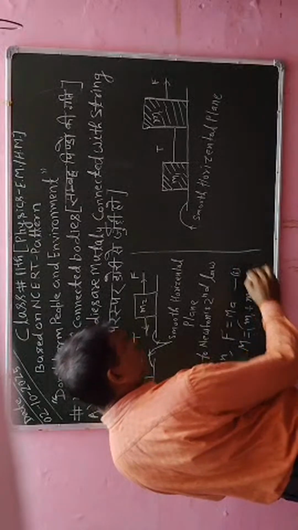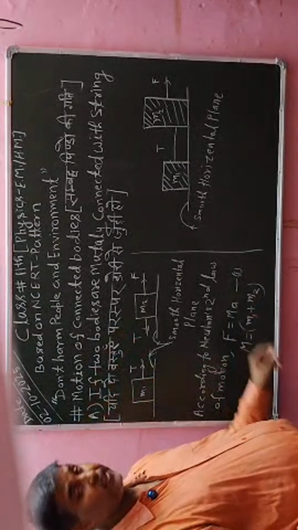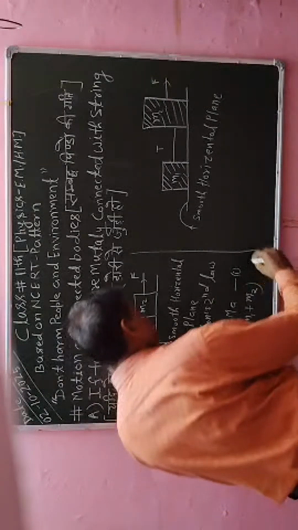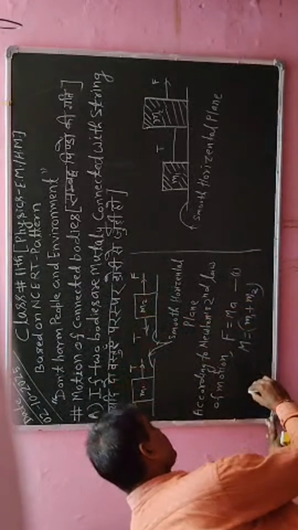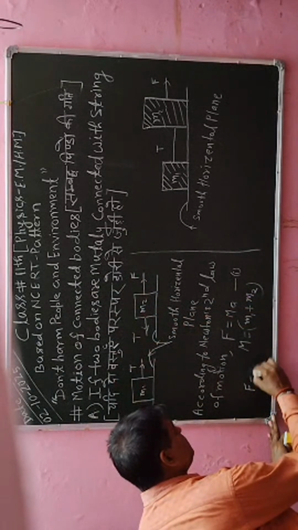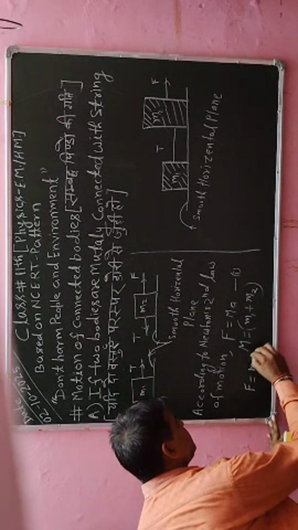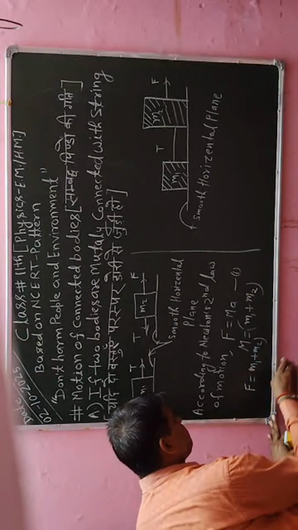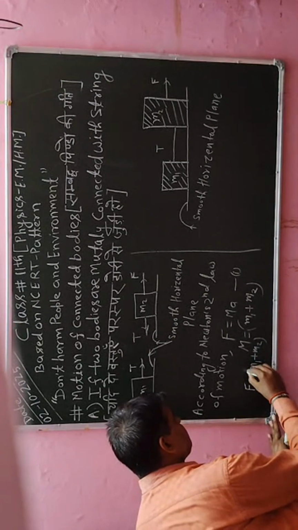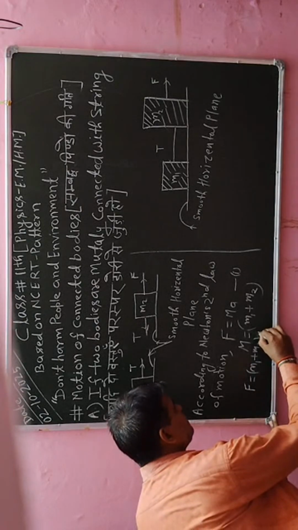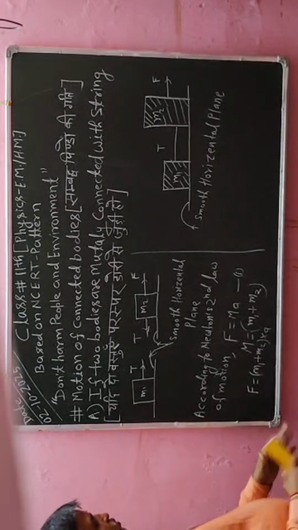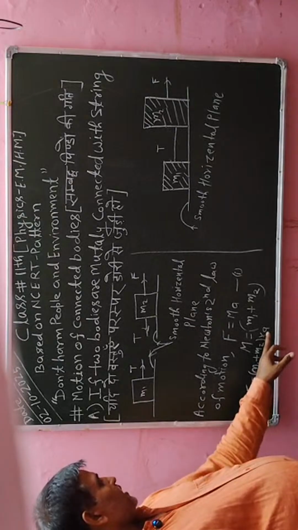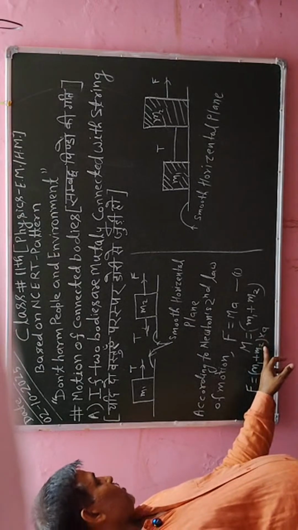After substituting, we will get the value of A. Okay students, so after substituting, F is equal to M1 plus M2 into A. So I have got this expression in the form of acceleration, mass M1 and mass M2.